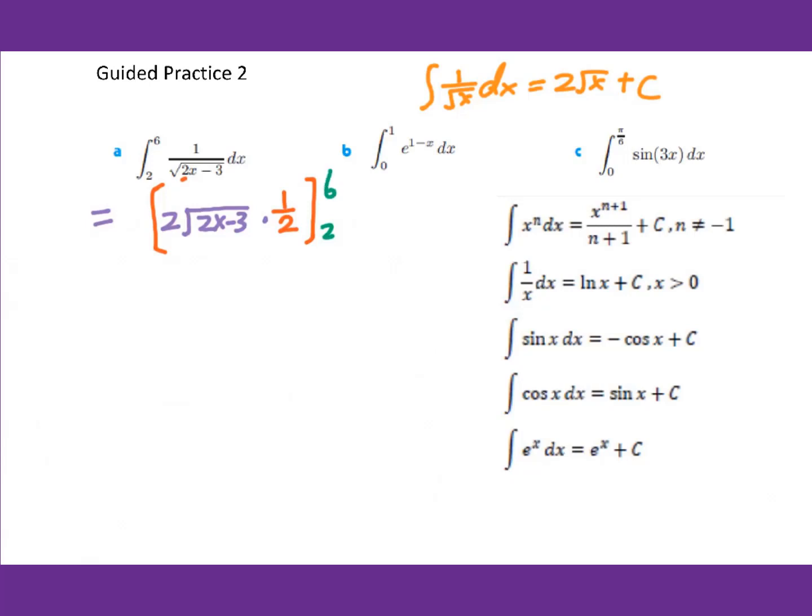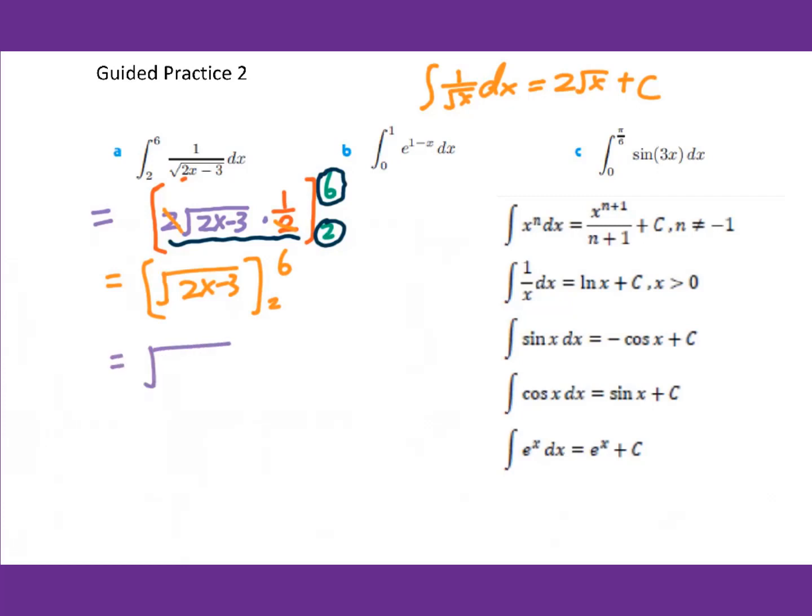Don't rush to plug in this 2 and 6. You have to simplify inside first. Therefore, 2 is gone. You will get square root of 2x minus 3 from 2 to 6. This time you need to plug in.